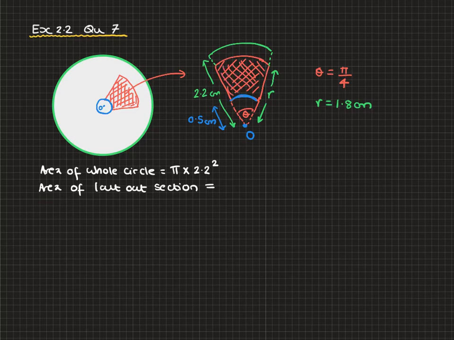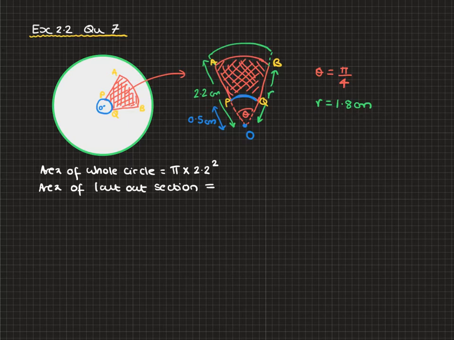So the area of one of these cutout sections is the area of sector OAB, take away the area of the small sector OPQ. So imagine here, if I put the labels on A, B, P and Q, they match up the two diagrams so you can see exactly what I'm doing.